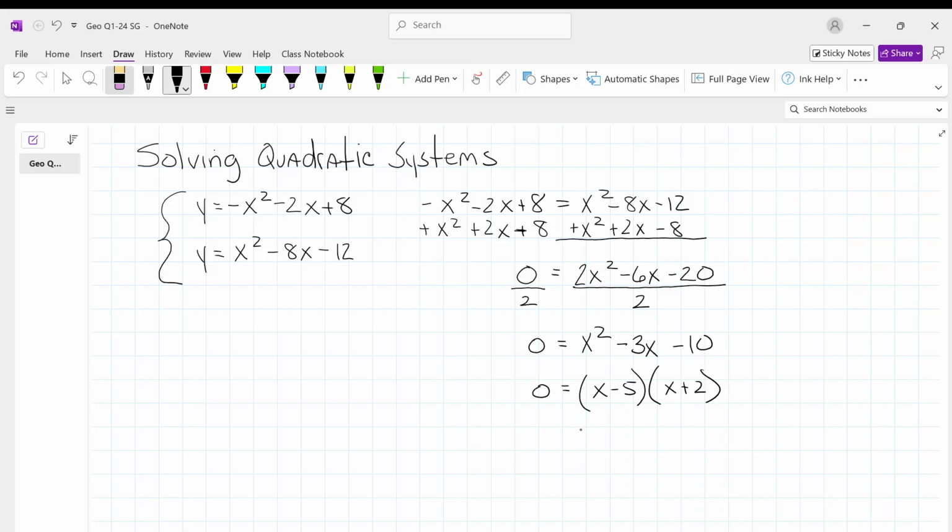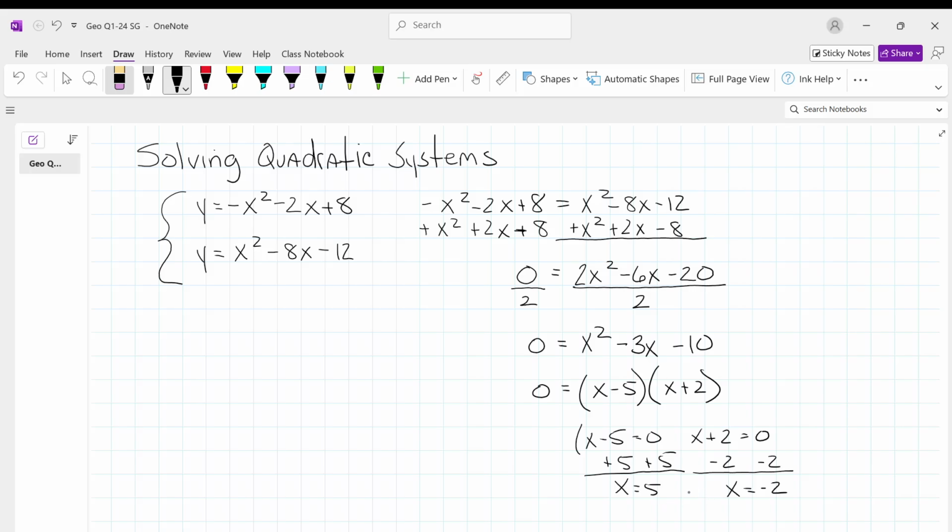So we've got an x minus 5 equal to 0 and an x plus 2 equal to 0. All right, so add 5 to each side. We get an x that's equal to 5 and subtract 2 from each side. X equals negative 2. All right, so those are your two zeros.